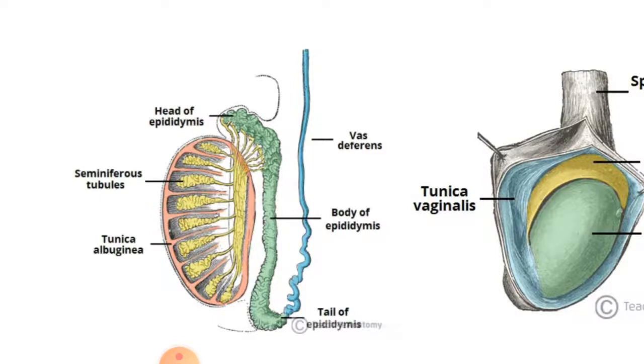These are basically 200 to 300 in number, and within each lobule you can find 1 to 4 convoluted loops of germinal epithelial cells. These are also called the seminiferous tubules.